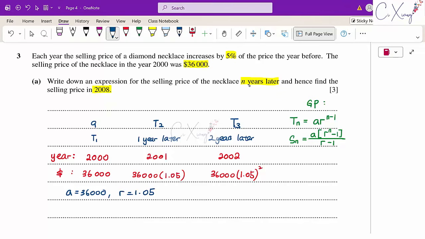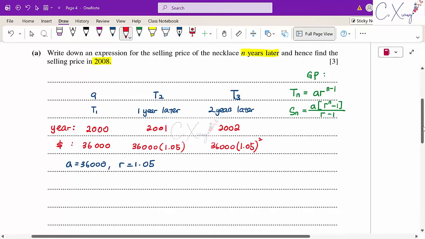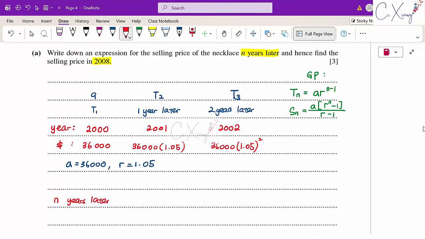And how about if let's say they're asking for n years later? So you can see that 2 years later is T3. Then 1 year later is T2. 3 years later will be T4. Then how about for n years later? All right, so you should be aware that for n years later, the symbol will be T n plus 1. Because 1 becomes 2, right?